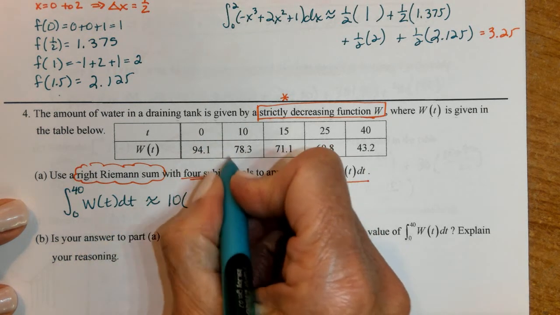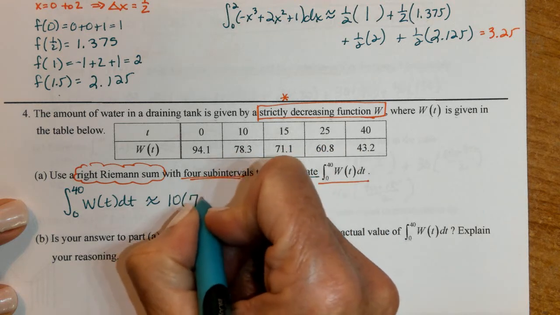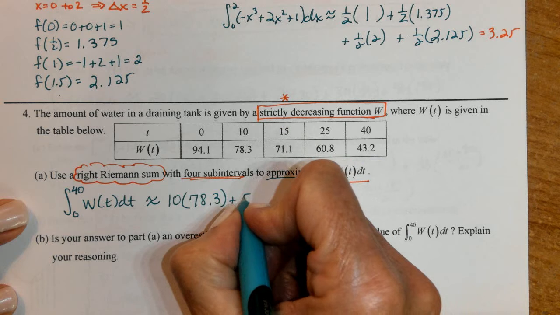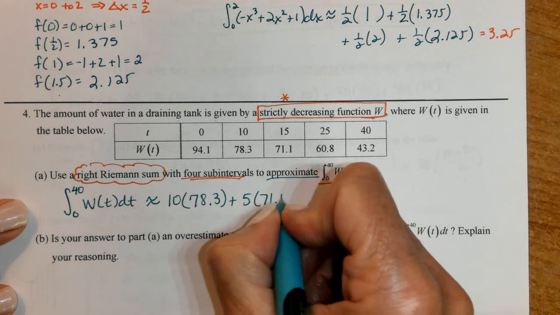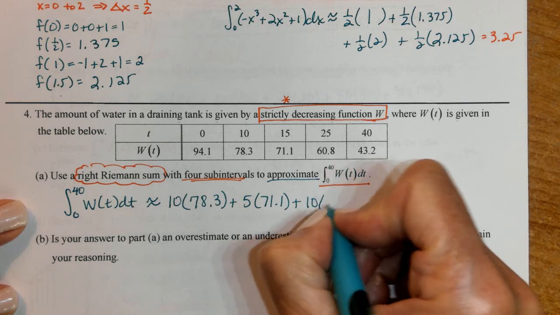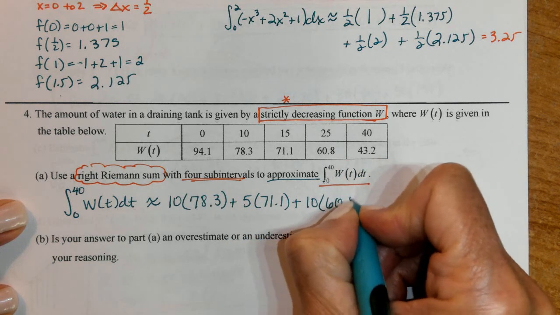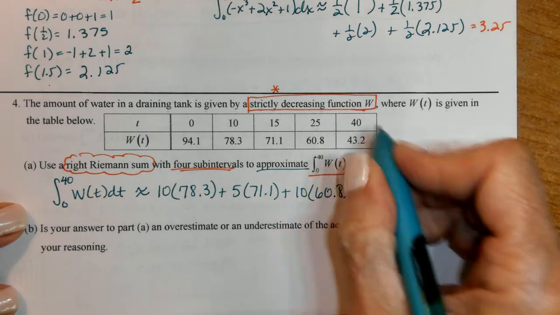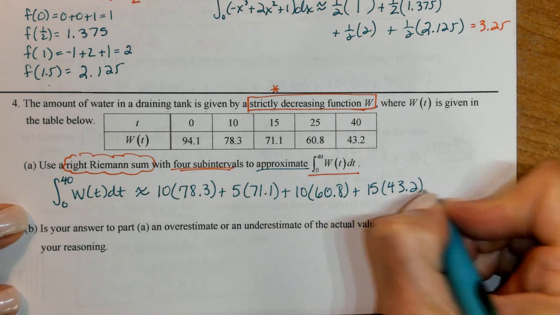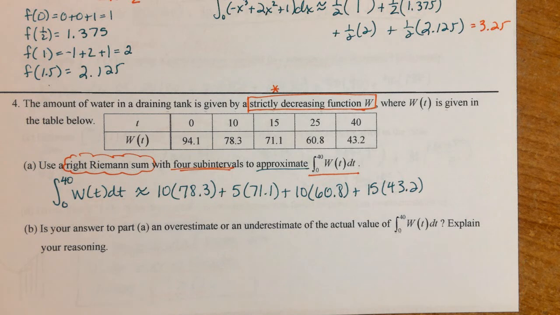We're using the right-hand height, 78.3. The next delta t is 5, right-hand height. Next delta t is 10, right-hand height. Last delta t is 15, right-hand height. And there is absolutely no reason to add those up. None at all. Even if we had a calculator in our hand, don't do it. Say stop.